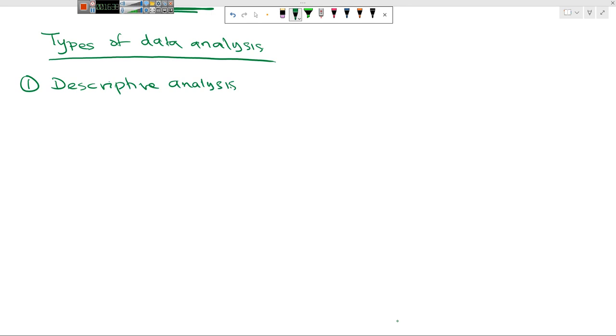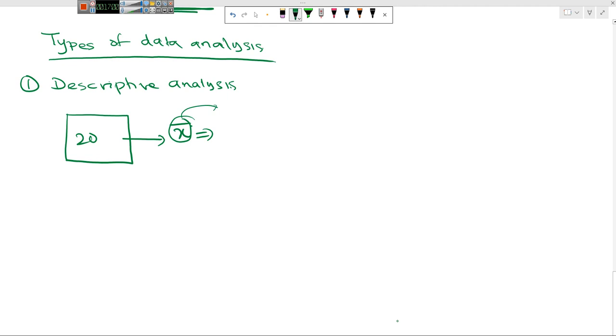This is our objective for descriptive analysis. Let's say we have the English marks of 20 students. We can find X bar, the average of the English marks of 20 students. Based on that, we can only tell what happened in the past.